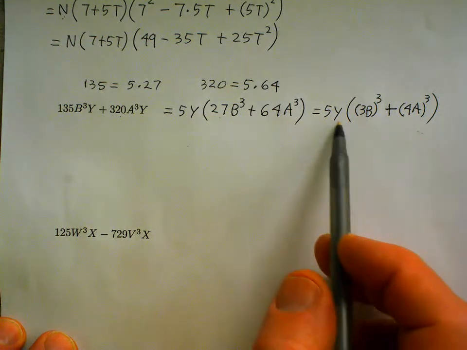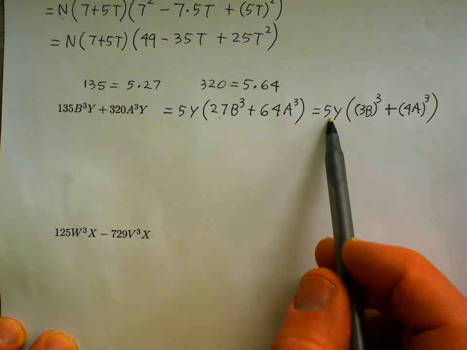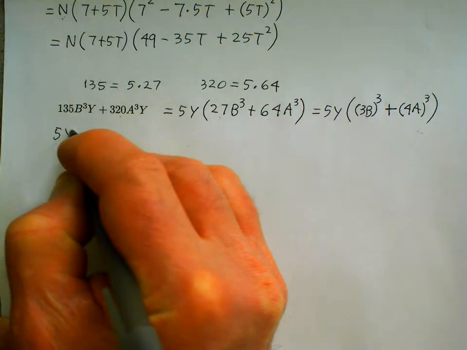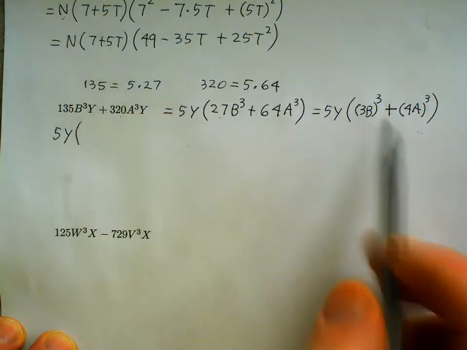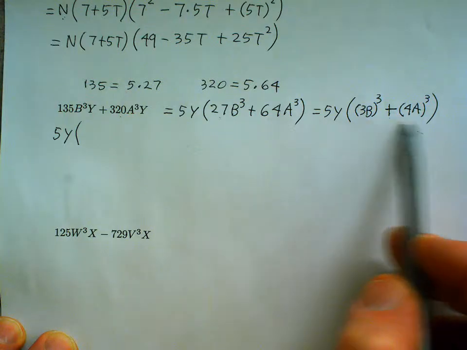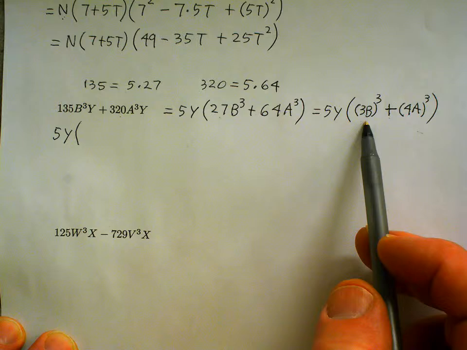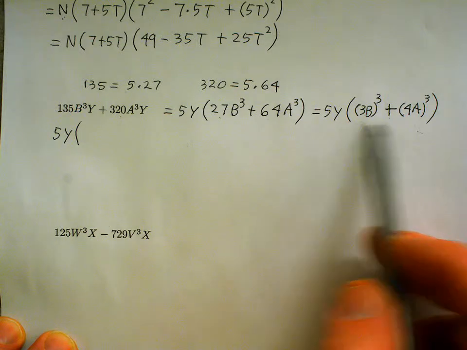Okay, so the complete factorization has this factor of 5y. And then we'll apply the sum of cubes factoring formula to the sum of cubes. So the binomial is going to be 3b plus 4a.